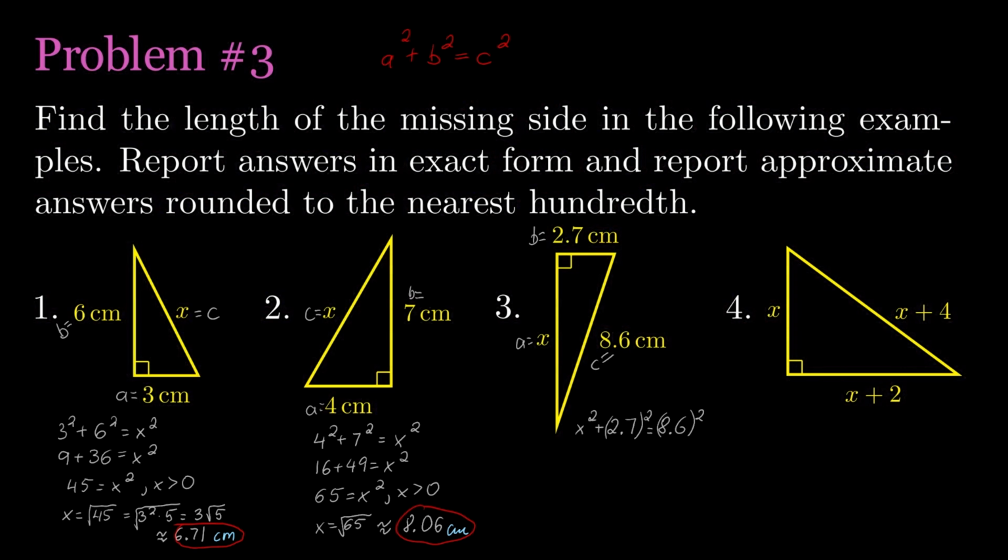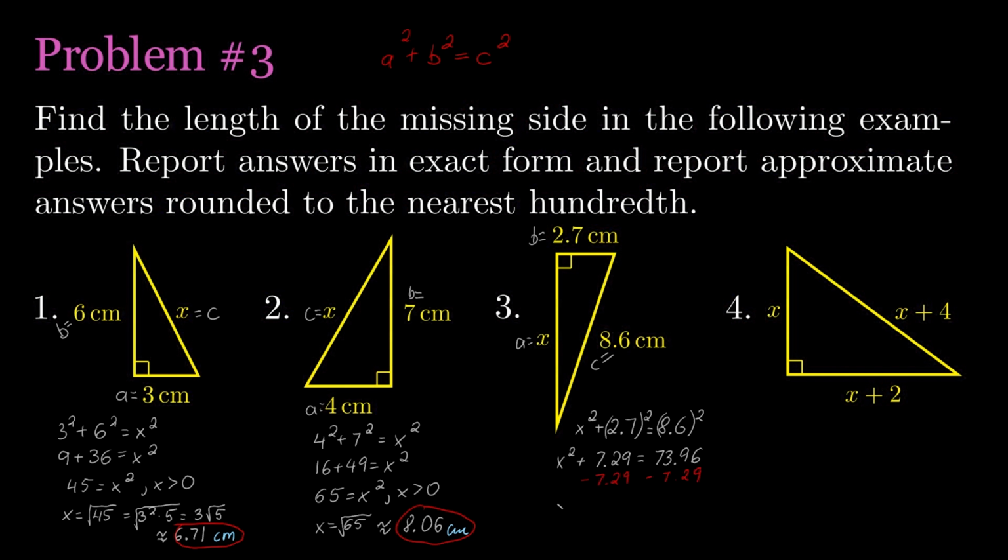Now with the aid of a calculator, we get x squared plus 7.29 equals 73.96. We are solving for x, of course, so we first isolate x squared, so we subtract 7.29 from both sides.